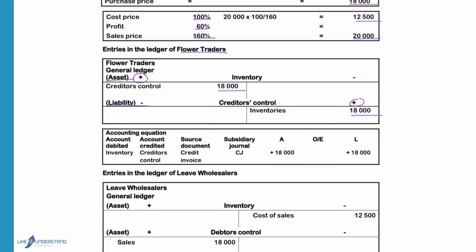In the accounting equation, inventory is debited to increase assets with 18,000. Creditors control is credited to increase liabilities with 18,000. A credit invoice is issued, and you will record this in the creditors journal.